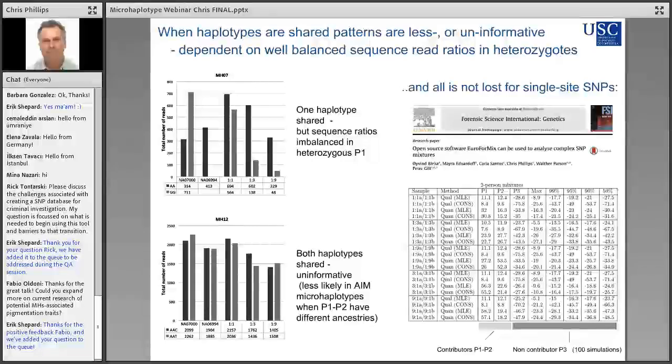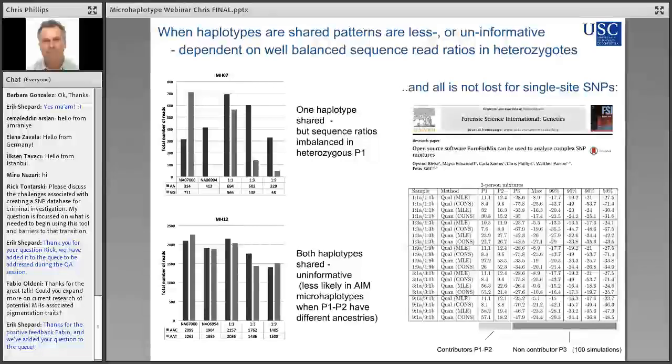When we look at composite likelihood ratios for the 2-person mixtures at these ratios, we do get positive figures compared to the negative figures for the non-contributor hypothesis, the P3 hypothesis. This is based on 100 simulations, so we can look at the distribution of quantiles within the likelihood simulations.